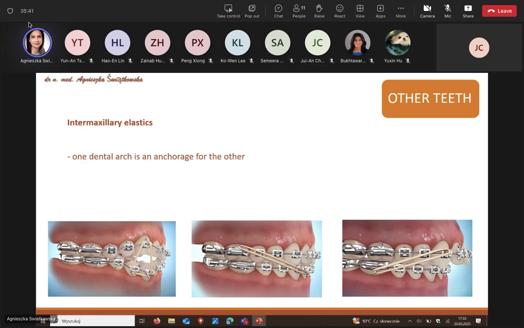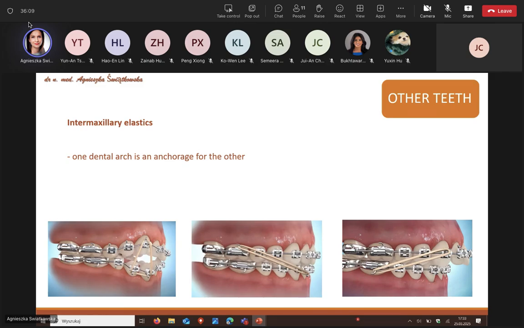Here we have elastic for class 2. You see overjet is bigger, so probably class 2 division 1. And what happens here? All the teeth in the upper arch go backward and teeth in the lower arch go forward. Elastics in class 2 will work if we have class 2 cusp to cusp.